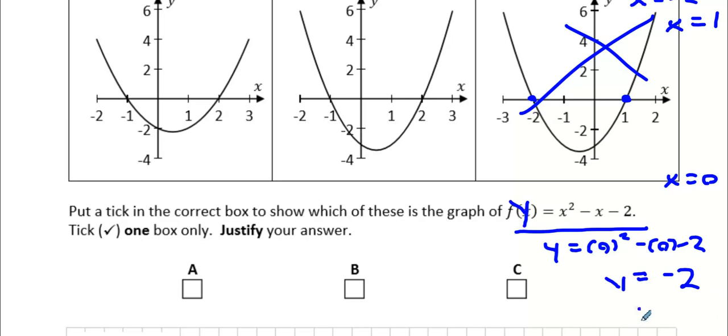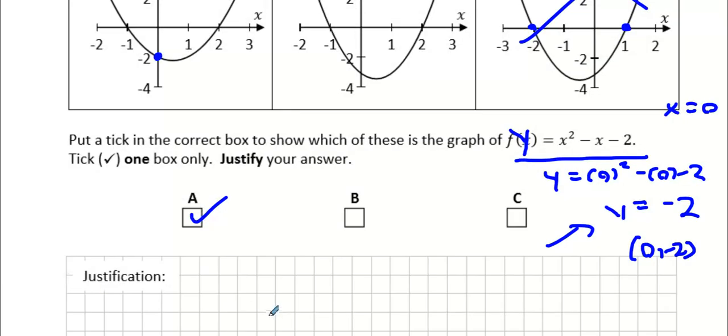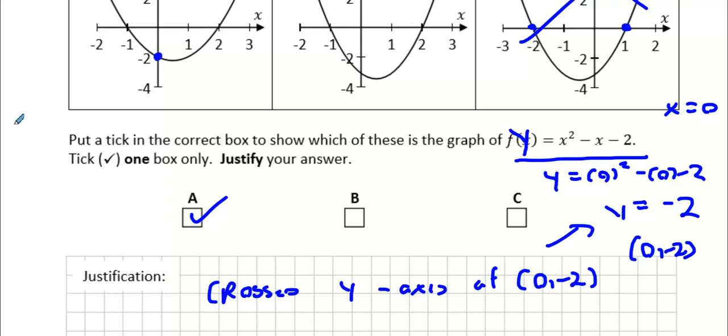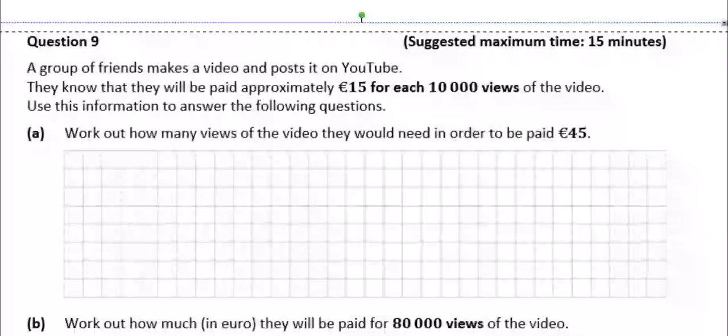So this means it crosses the y-axis at 0, minus 2, which is this one here. And that's your answer, and this justifies your answer. Crosses y-axis at 0, minus 2. Okay, so that's 8.